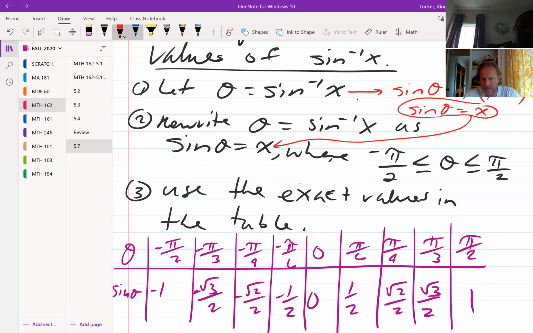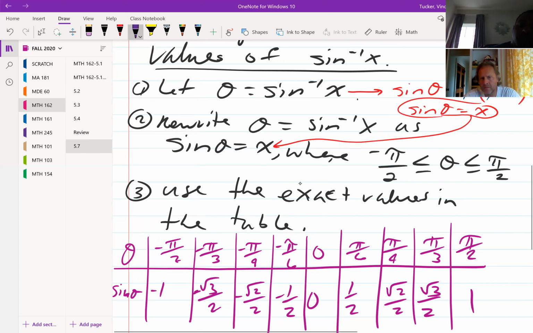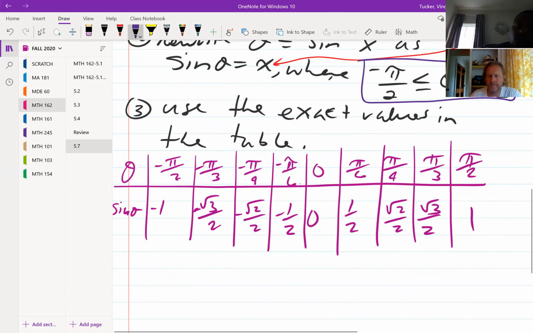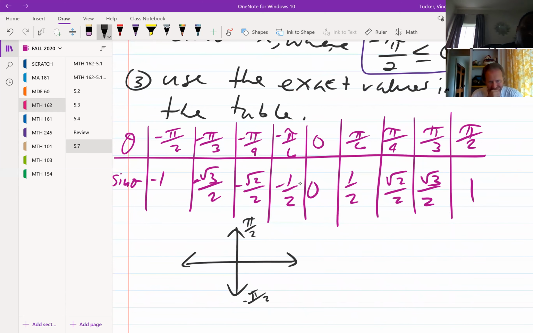And so what's going to be key is that theta, the theta that we are referring to, is going to be in between negative pi over 2 and pi over 2 inclusive. So in other words, if I were to look at my unit circle chart, pi over 2 is up here, negative pi over 2 is down here.